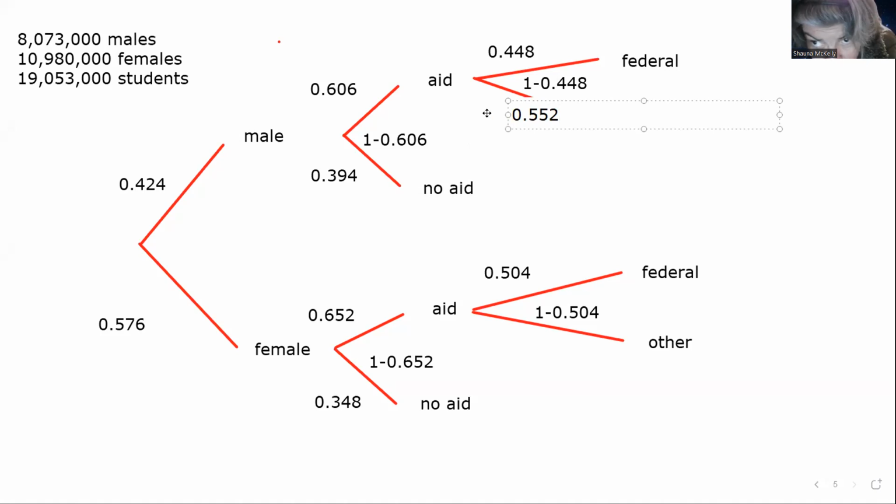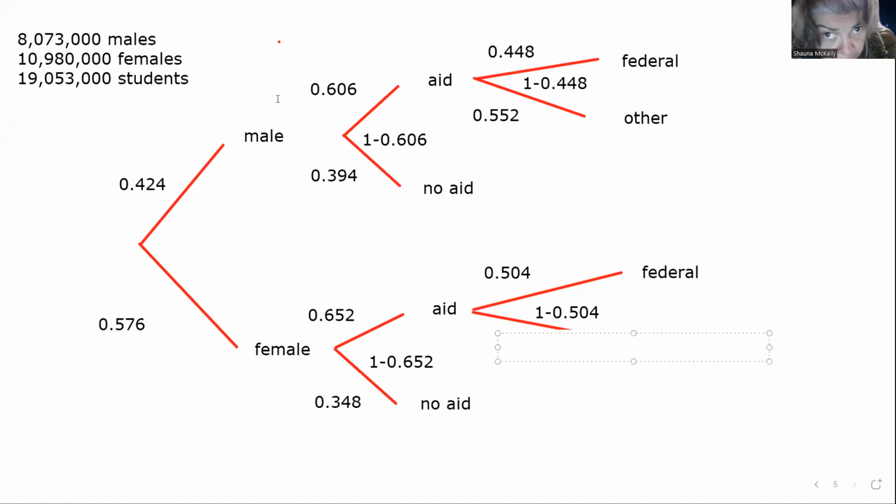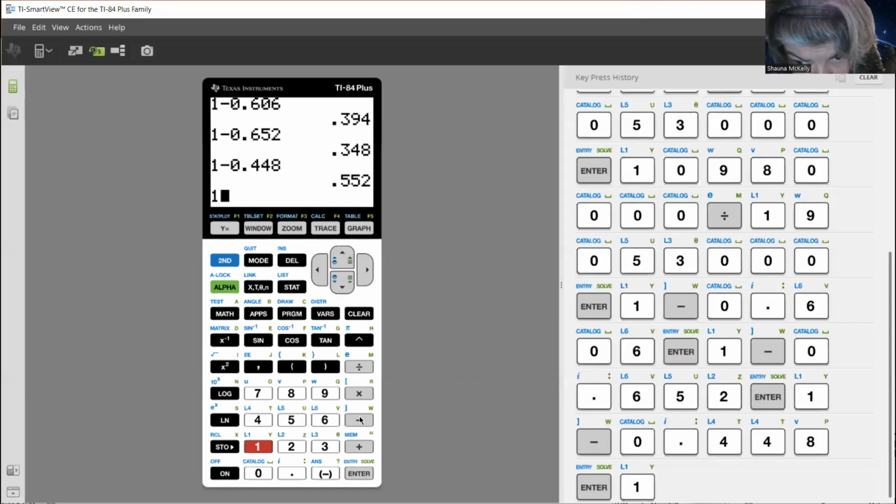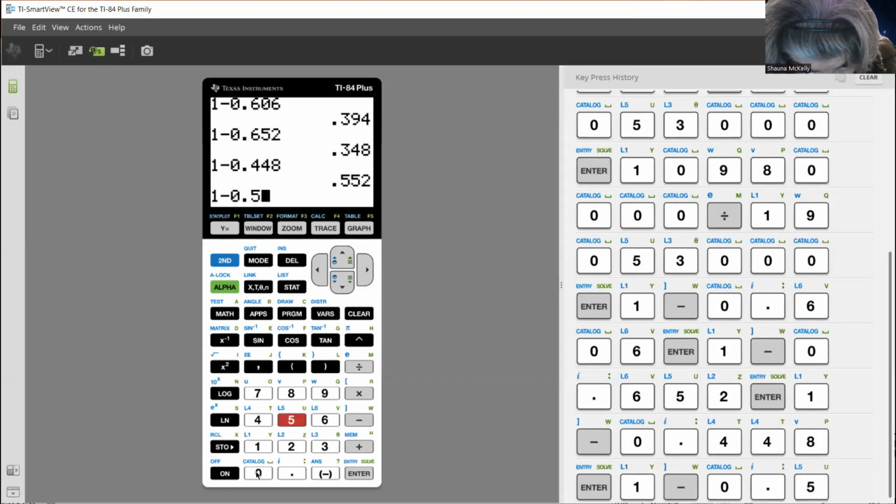Now, I'm going to do the same thing down here with different numbers. Let me go back to the calculator one more time. 1 minus 0.504.